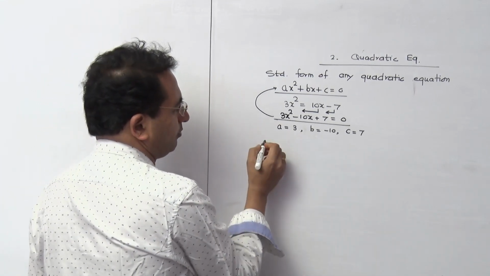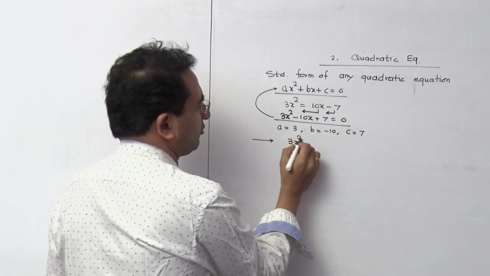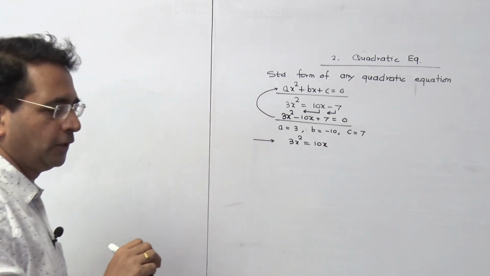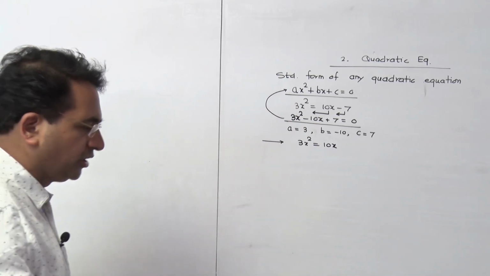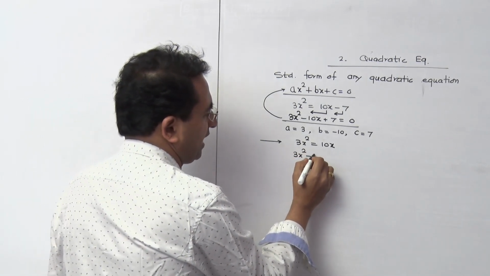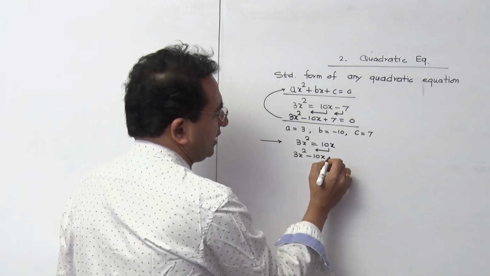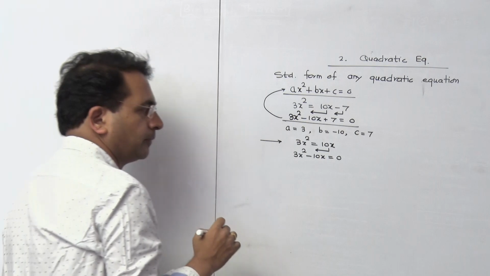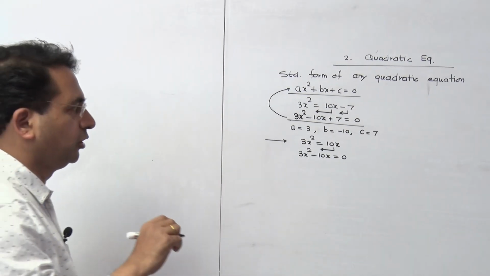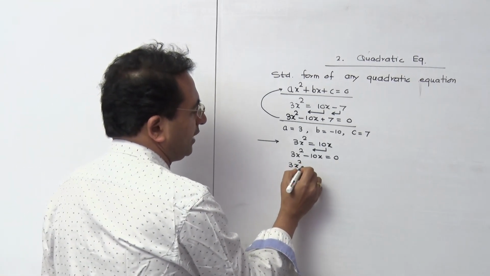There is one more simple application I will tell you. Suppose the equation is 3x square is equal to 10x. See the modification now. This equation again is not in a standard form. So I should write 3x square minus 10x because this is definitely transferred on the left and then is equal to 0. But this equation is not in a standard form because there is no third term involved. So it is expected that you should involve that term also.